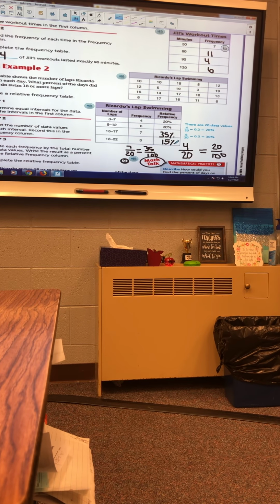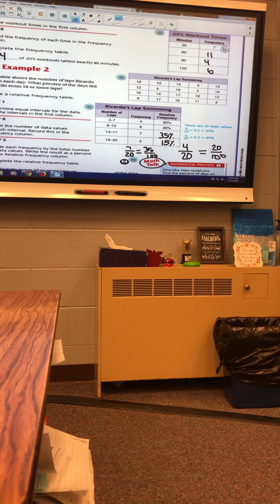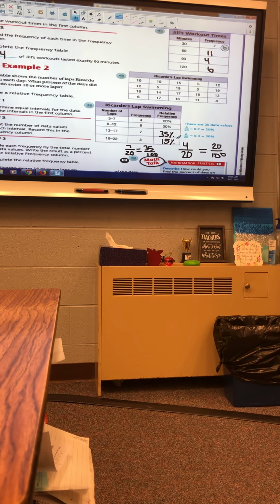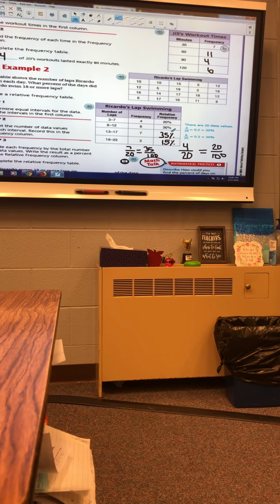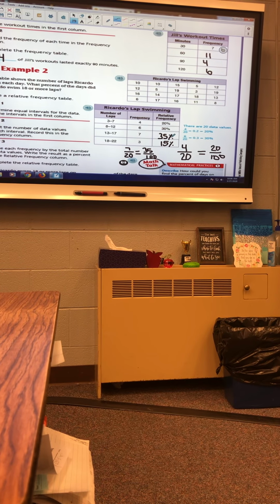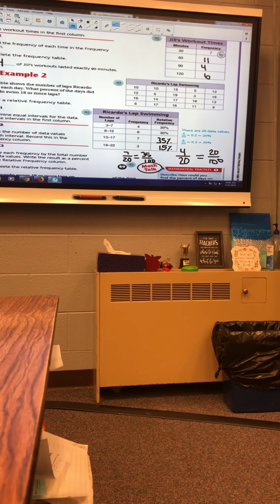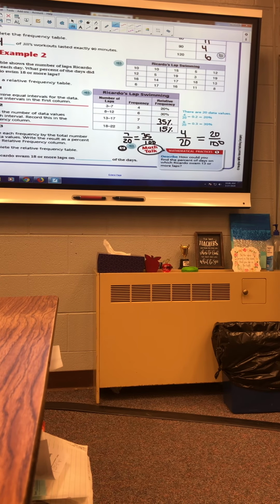Now, to make sure you did all this right, what percentage should our relative frequency add up to? Well, it should add up to 100. So I have 20 plus 30 is 50, 50 plus 35 is 85, and 85 plus 15 is 100. So it looks like that was correct.